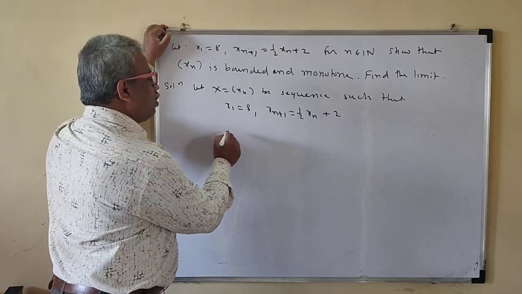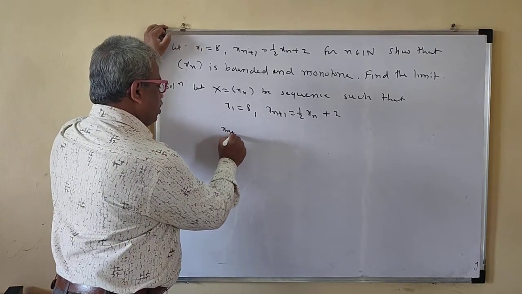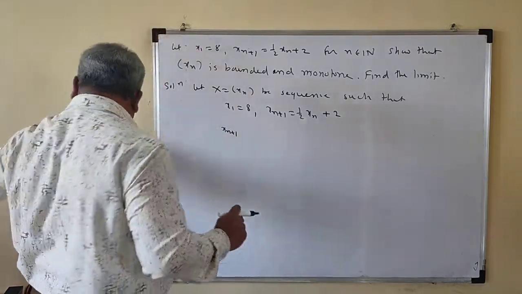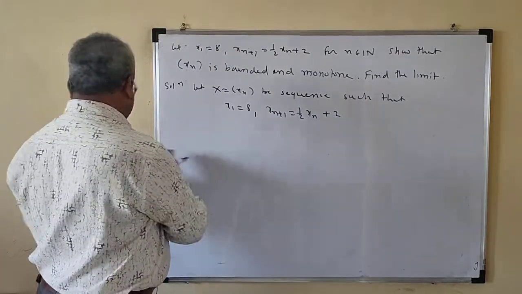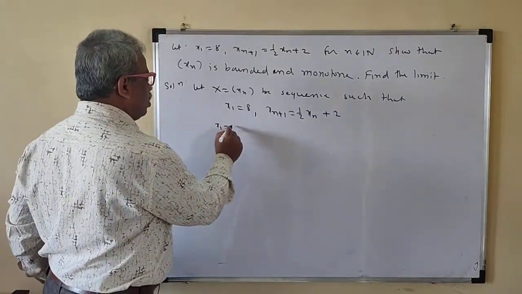So what will we do? Xn plus 1. Now see, we will write the terms first. Your x1 is 8.